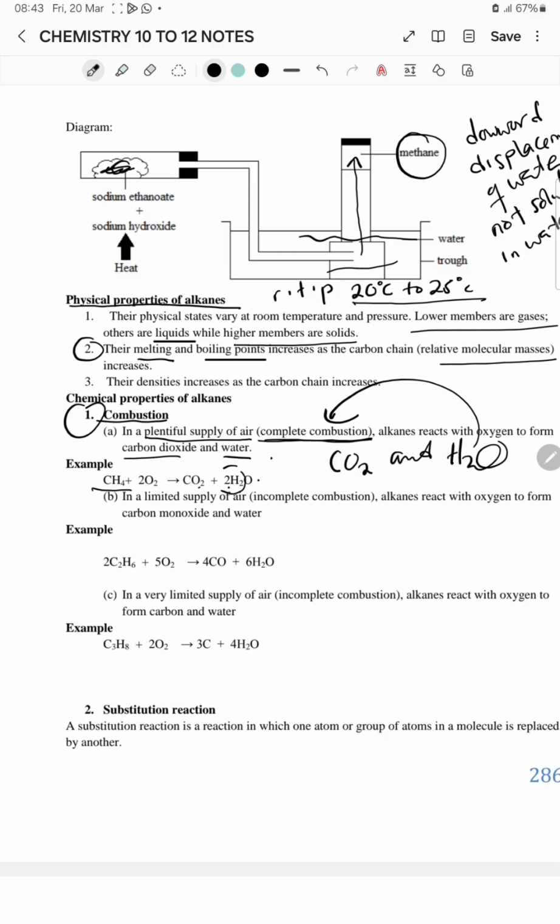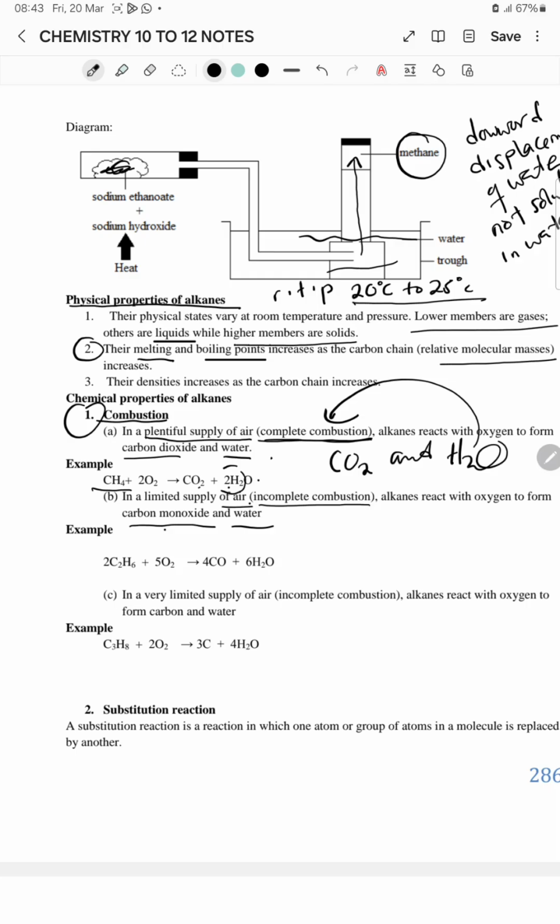Then we go to B, in a limited supply of air, which is incomplete combustion. When there is a limited supply of air, alkanes react with oxygen to form carbon monoxide and water.